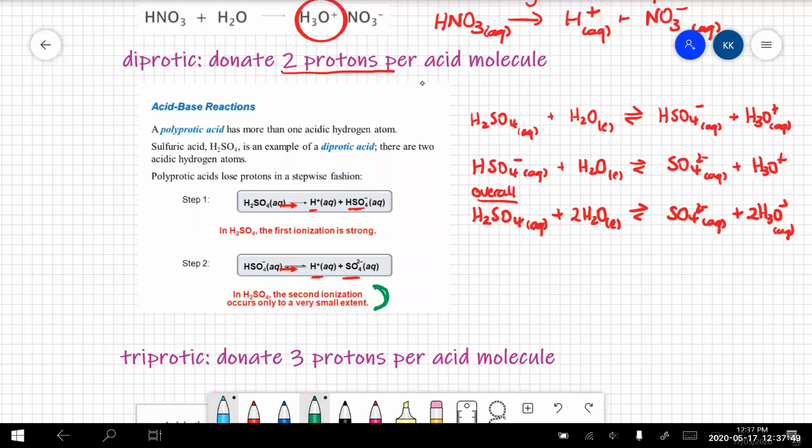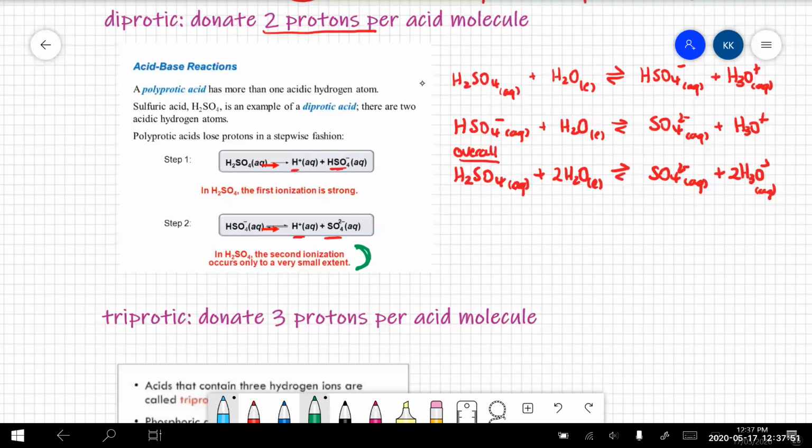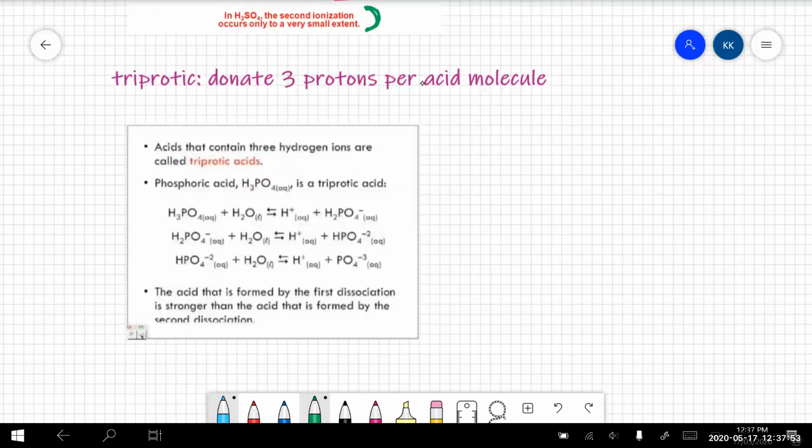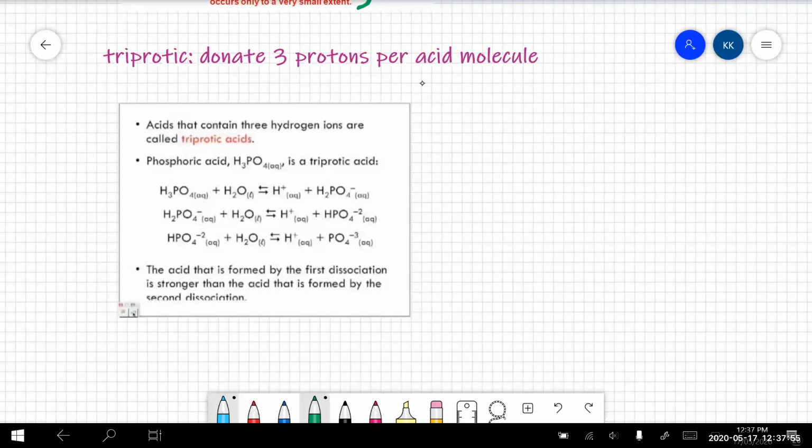All right, triprotic acids donate 3 protons per acid molecule. Here the classic example is phosphoric acid, H3PO4, and we're seeing its first ionisation step. And this is written simplistically as well.